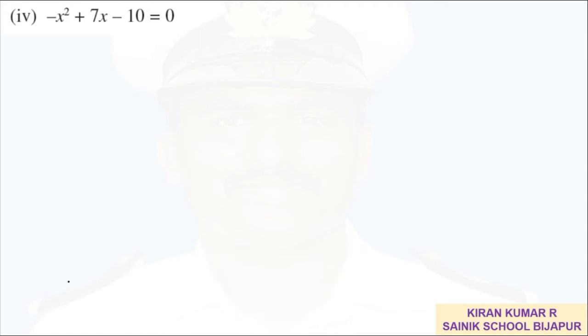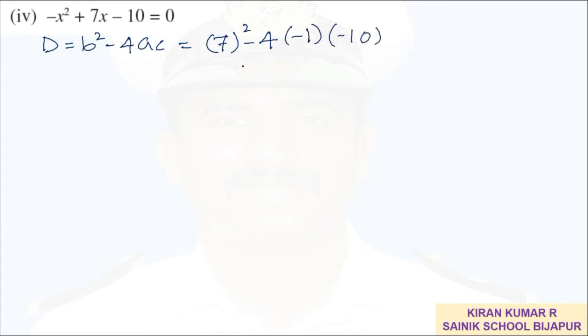Question 4. Minus x square plus 7x minus 10 equal to 0. The value of discriminant is given by b square minus 4ac. Substitute. B square is 7 square minus 4 times of a value is negative 1, c value is negative 10. We get it as 49 minus 40, which is 9.